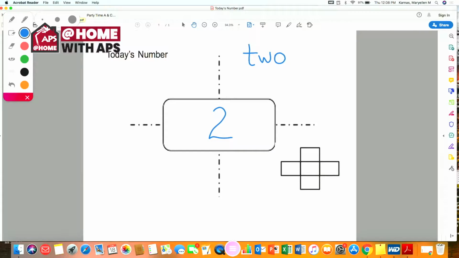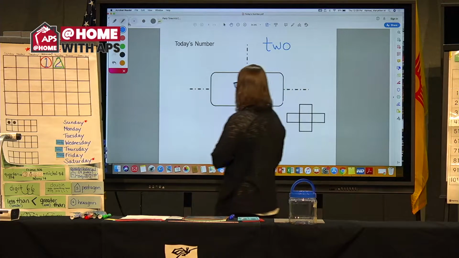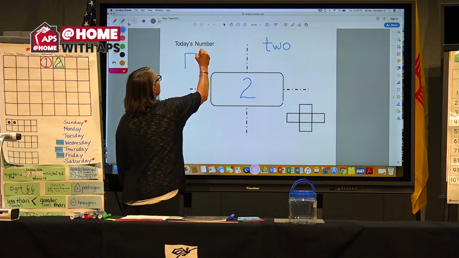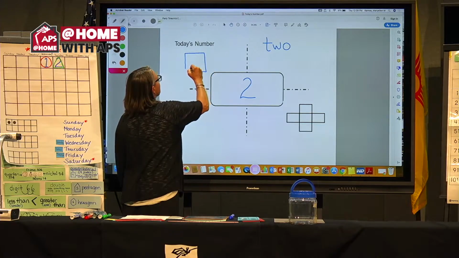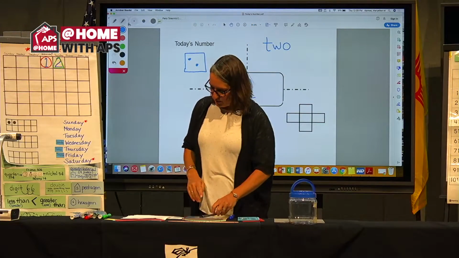How else could we represent 2 on our today's number? We've been talking a lot about dot patterns, right? So if we saw 2 on a domino or a die, it would look like this, wouldn't it? That's our pattern for 2. Oh, stop messing with those dots. All right, so that's one way we could represent 2. Oh, what's another way?